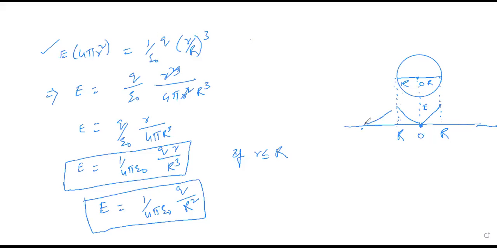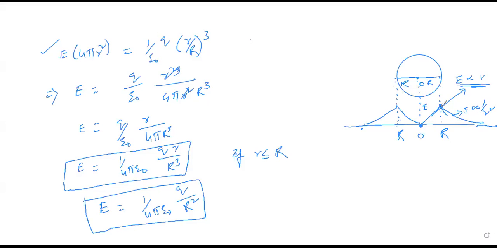This is not a straight line, it's a curved line. This curve shows E is inversely proportional to R square, and this line shows E is directly proportional to R. So this is the relation.